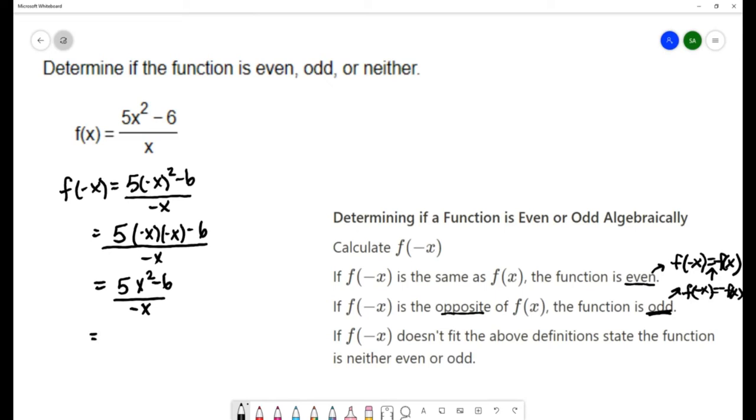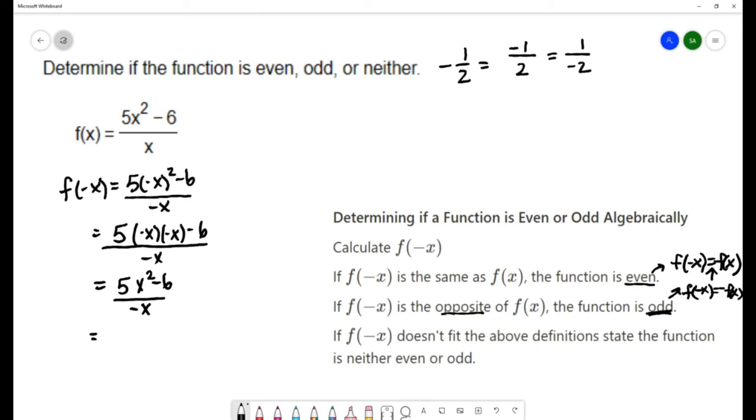Now this negative that we have in the denominator, I'm just going to go on the side over here for a second. When you have a negative with a fraction, you can write it in 3 different ways, and they're all equivalent forms. So if you have negative 1/2, you're allowed to write that as negative 1 over 2, and you're allowed to write that as 1 over negative 2.